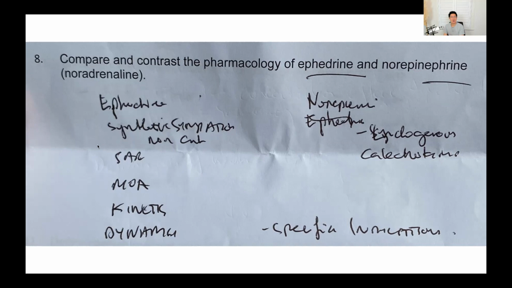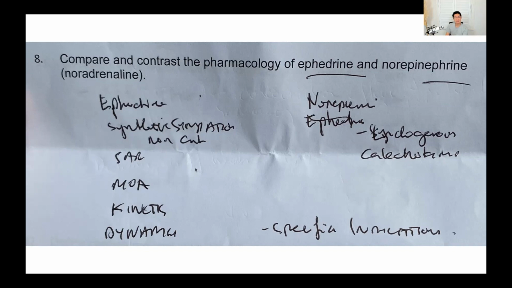And the other way to do it is to do each idea as a paragraph, so that what you do is let's think about it in terms of the pharmaceutics of it, and you could say that with the pharmaceutics, ephedrine is a non-catecholamine, whereas noradrenaline is an endogenous catecholamine.